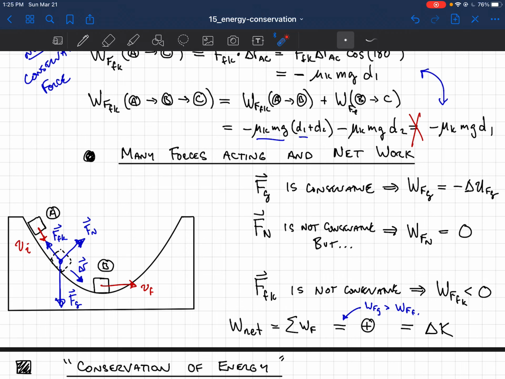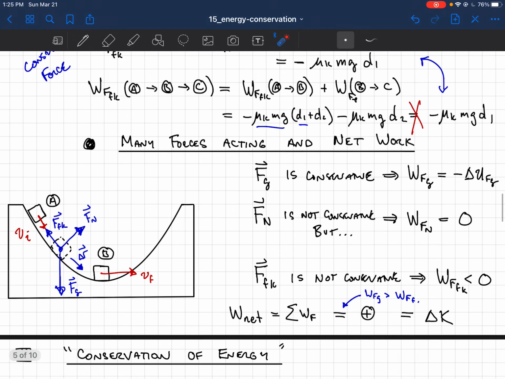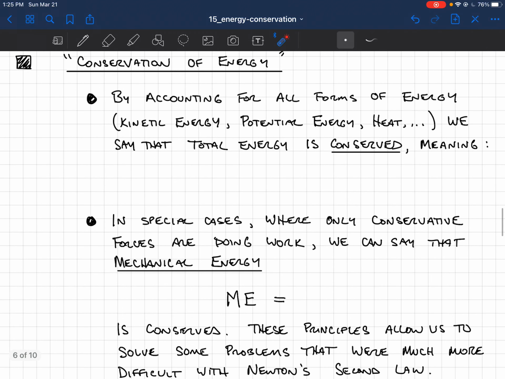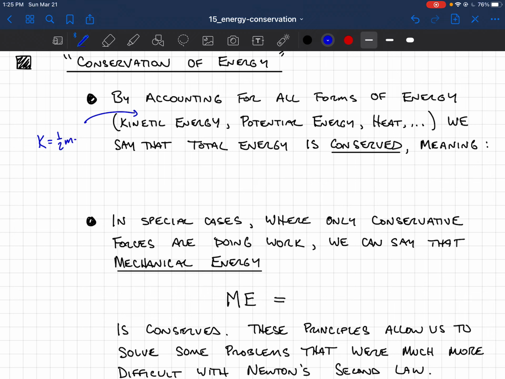Now, all of those things are sort of vague as I've said them. We're going to make them precise right now, and the idea is to come up with an idea of conservation of energy. So the basic statement of conservation of energy is that if we account for all forms of energy, so those might be the kinetic energy of motion, 1/2 mv squared, I'll just remind you what that looks like: K is equal to 1/2 mv squared.